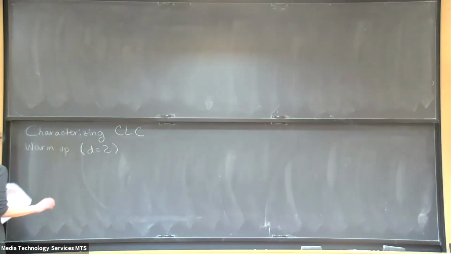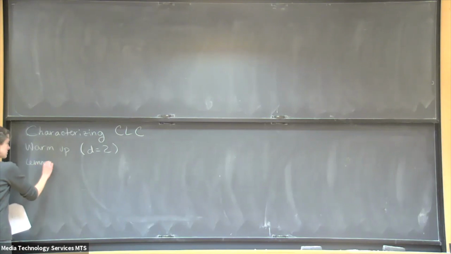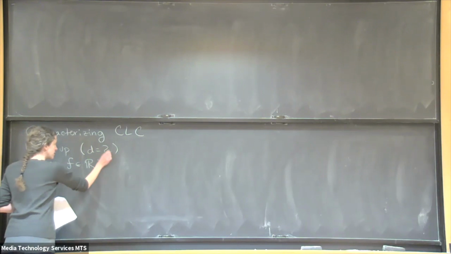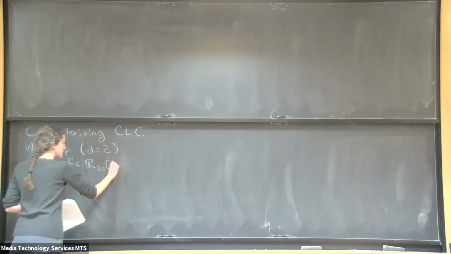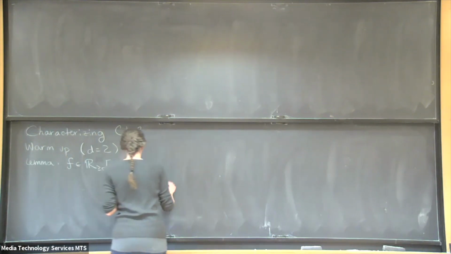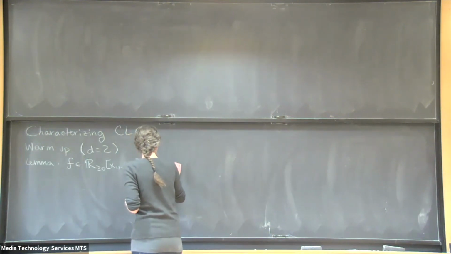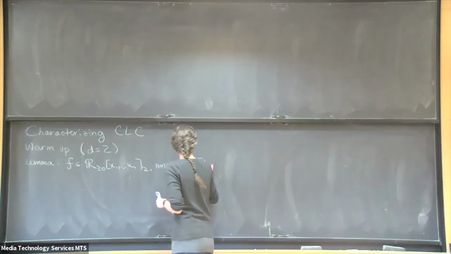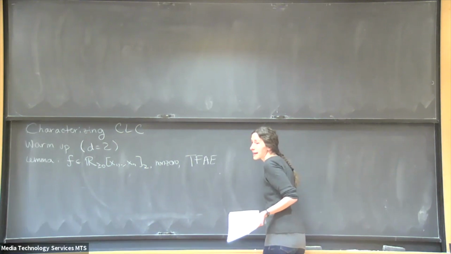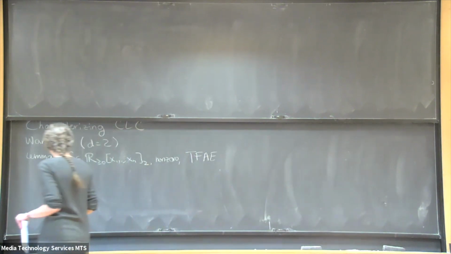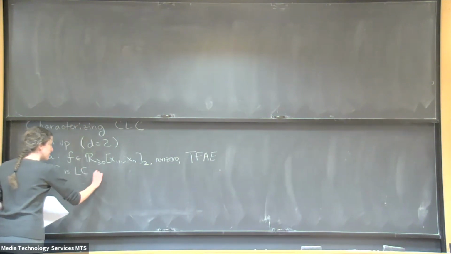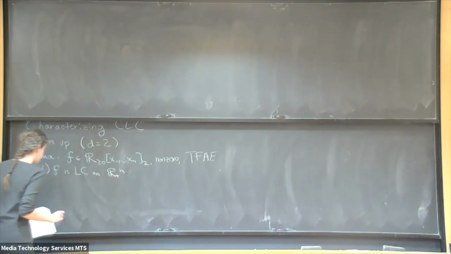Claim: if I have a polynomial with non-negative coefficients, of degree 2, let's say it's non-zero, then there are a lot of equivalent ways of characterizing it being log-concave on the positive orthant.